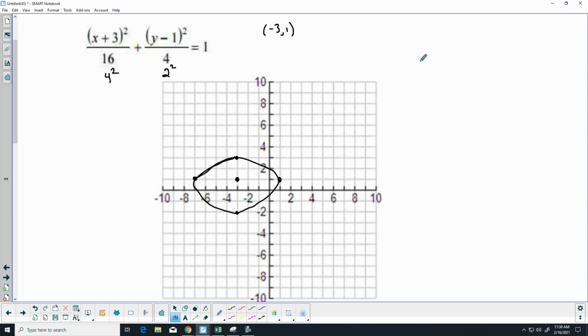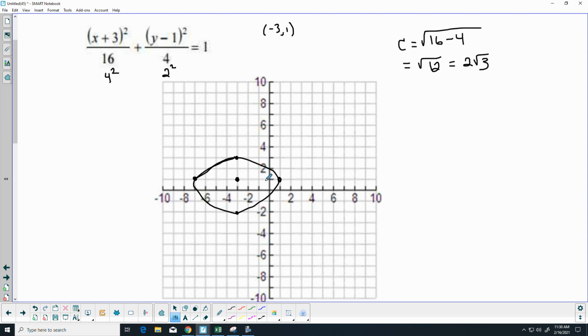And then if I wanted to find the foci, my C is going to be the square root of 16 minus 4. So that would be the square root of 12. If I simplify that, it is 2 radical 3. So from the center, I'm going to go over 2 radical 3, which is, I think, 1.7 times 2, it's like 3.5, thereabout.